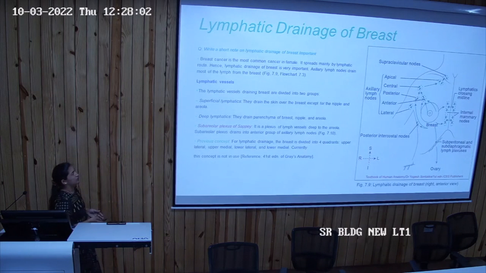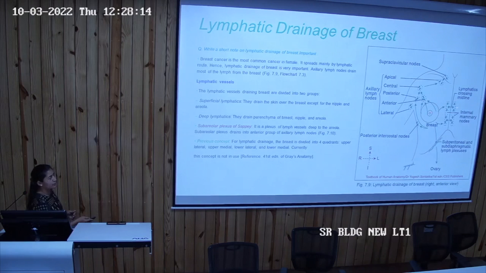Now for the lymphatics, the mammary gland has a widespread lymphatic drainage. You can see in this picture that it is going towards the medial side, it is exchanging from both sides, then it is going laterally, then it is going into the abdomen. So it is a widespread lymphatic drainage.